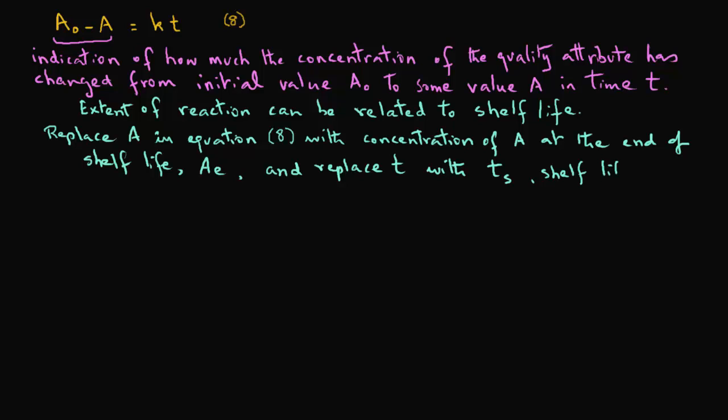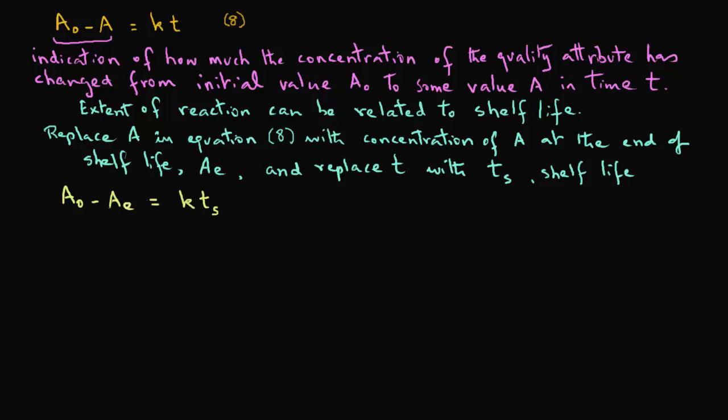In other words, starting with some initial concentration A0, going to a final concentration AE during the total time ts for the shelf life. By substitution, we get A0 minus AE equals k times ts.